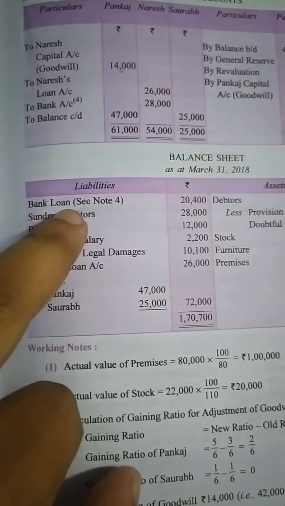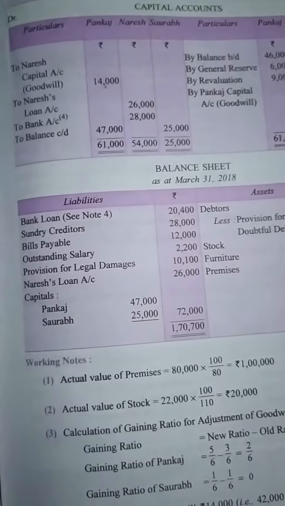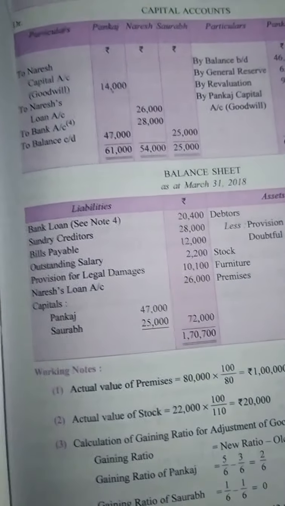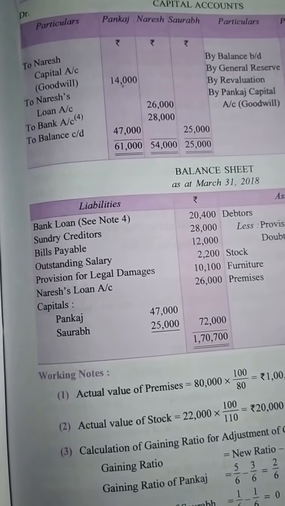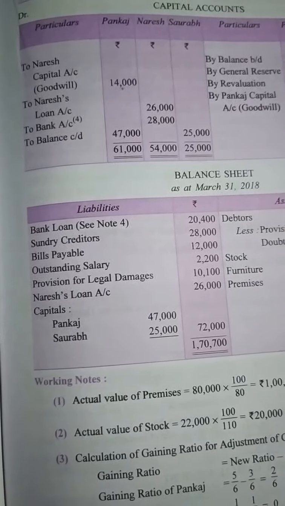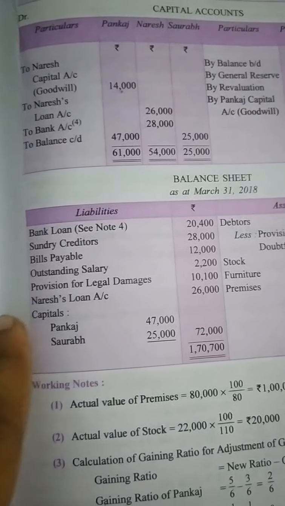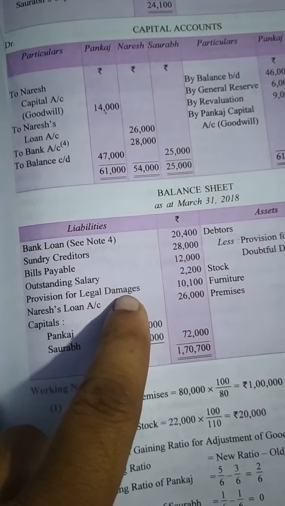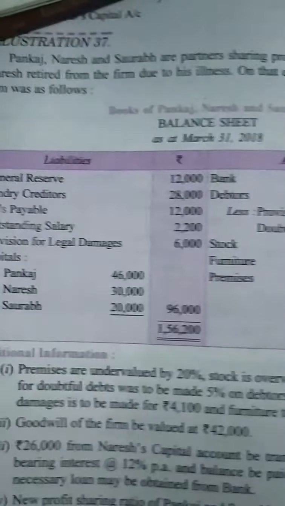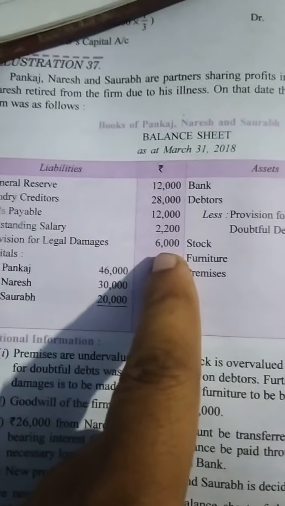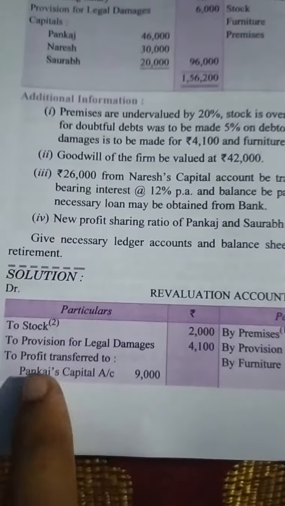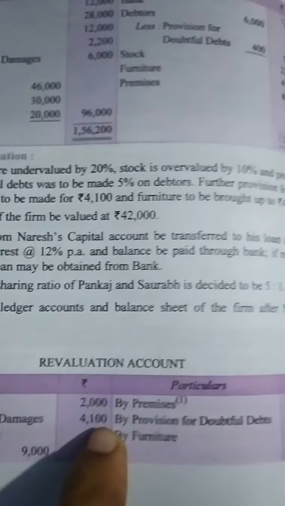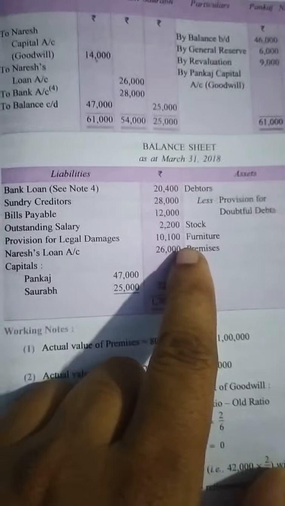Where no revaluation is done, the same amount is written. And if any revaluation is done and the value is increased, you just need to add, like we have done in provision for legal damages. Earlier the figure was 6,000 and there was an increase of 4,100, which we have added here.